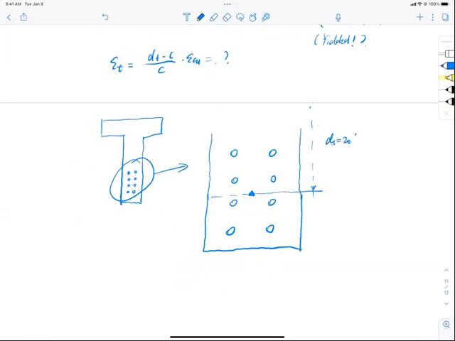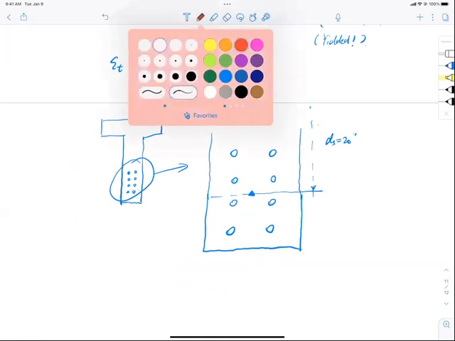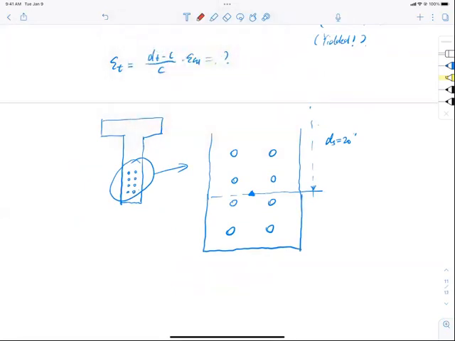And if I use the approximation h minus the concrete cover, I end up with a dt that is somewhere even higher. That doesn't make sense, does it? No, it doesn't make sense.